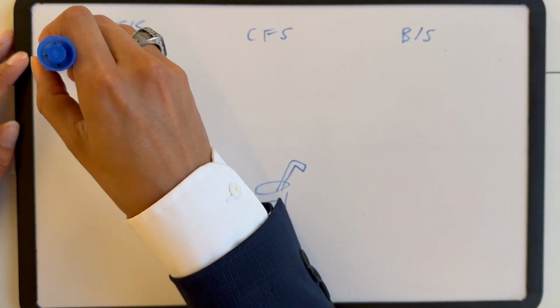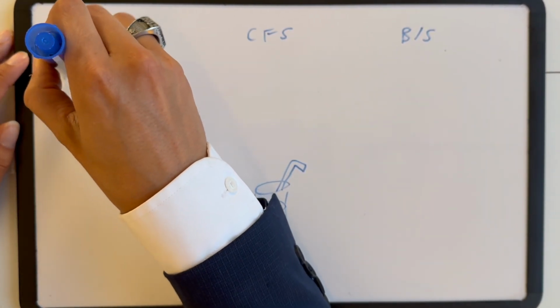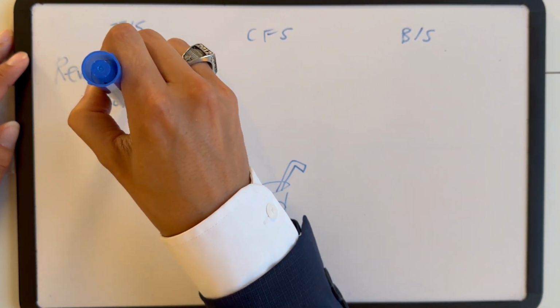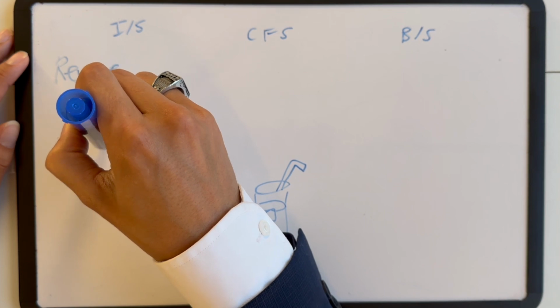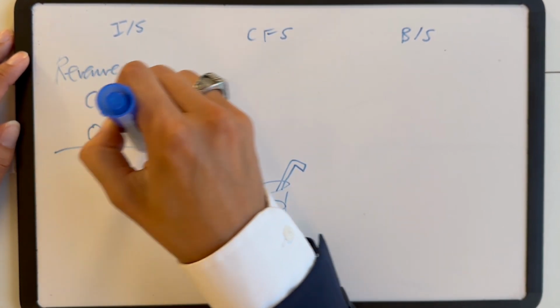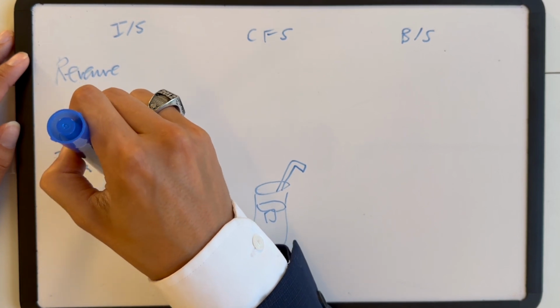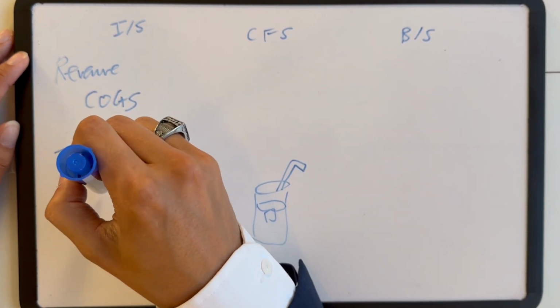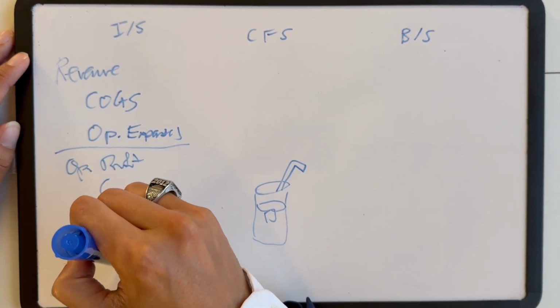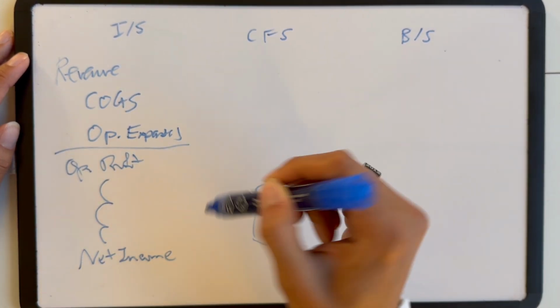Remember on our income statement, we have our revenue, then our cost of goods sold, and then other operating expenses. Ultimately that gets us to operating profit, which after interest and taxes gets us down to net income, the profit of our firm.